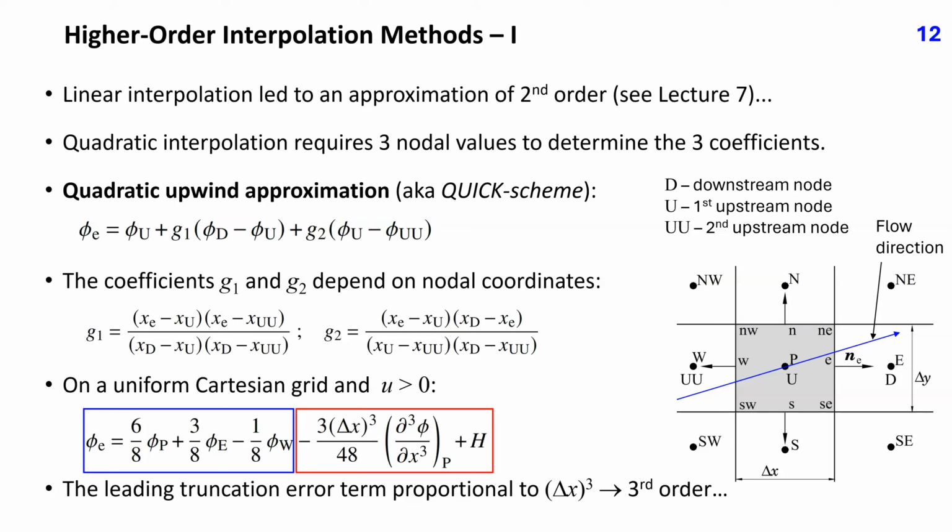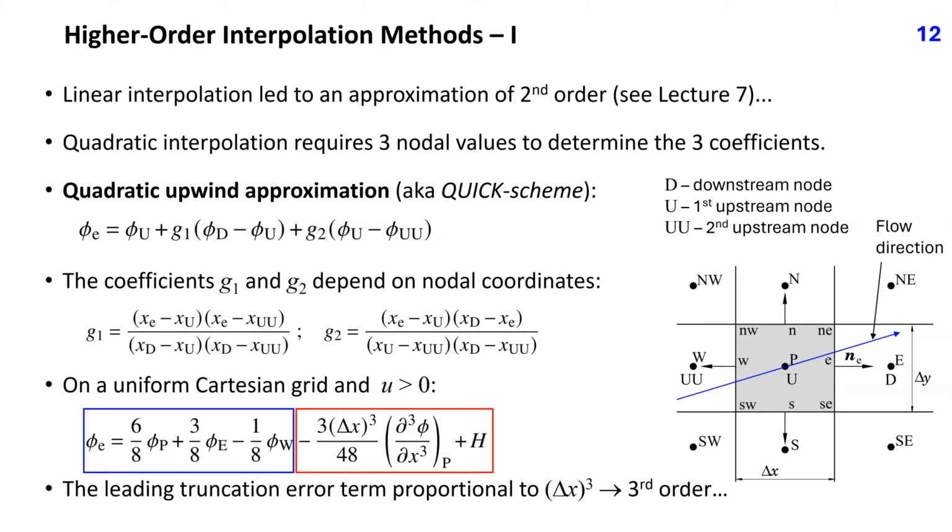On a uniform Cartesian grid, assuming U greater than 0, the coefficients are 6/8 for the first upstream node, 3/8 for the downstream node, and -1/8 for the second upstream node. Framed in red is the leading truncation error term. It is proportional to grid spacing cubed, so the interpolation is third order approximation.